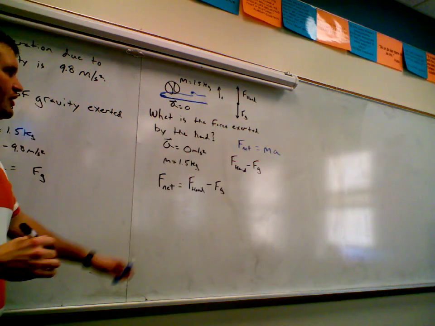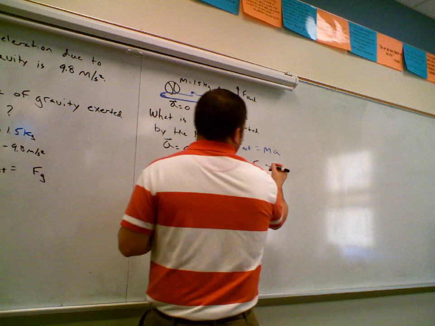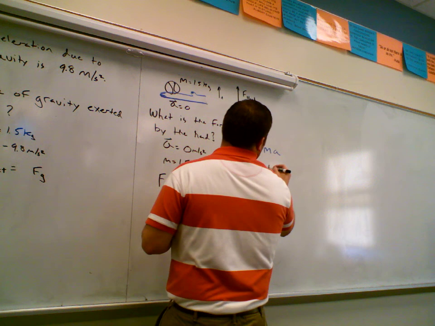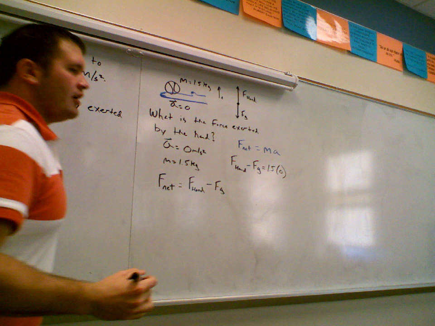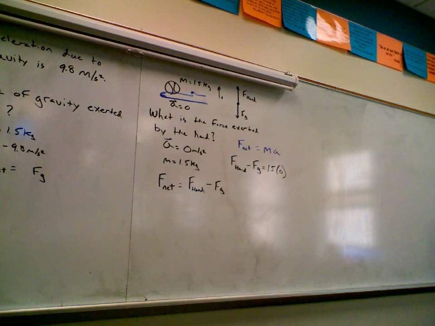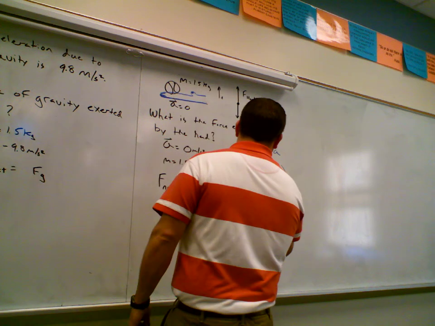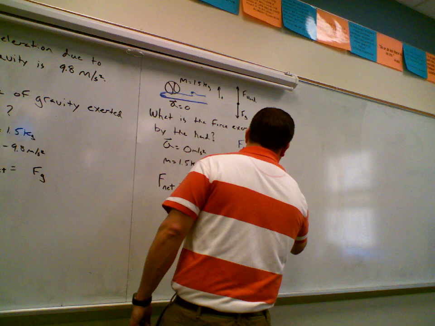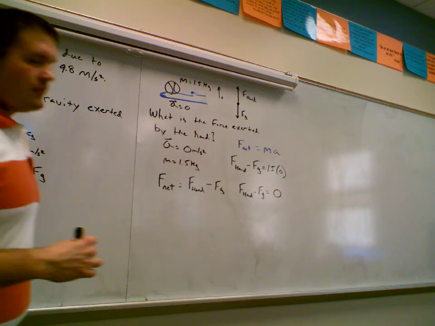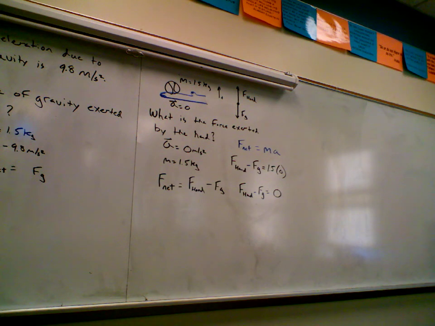Okay? And then ma, what's m? 1.5. 1.5 times 0. What's 1.5 times 0? 0. So the force of the hand minus the force of gravity equals 0. Okay. Now what do we know about the force of gravity?